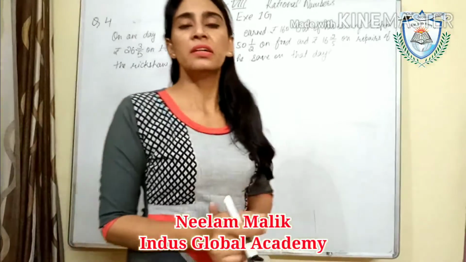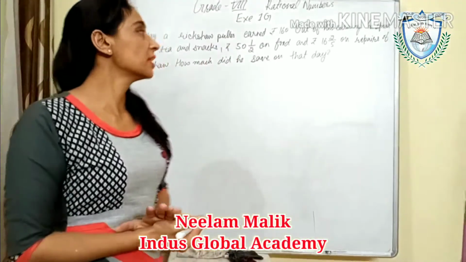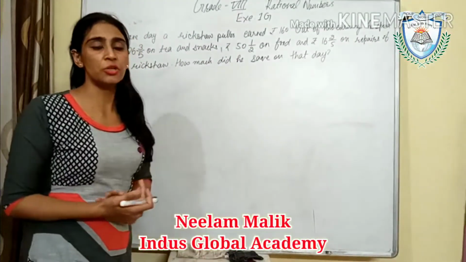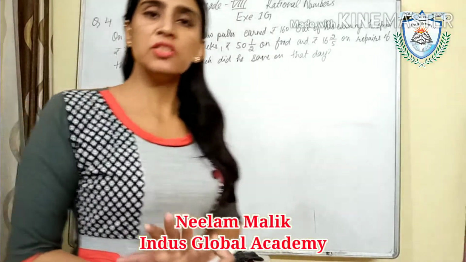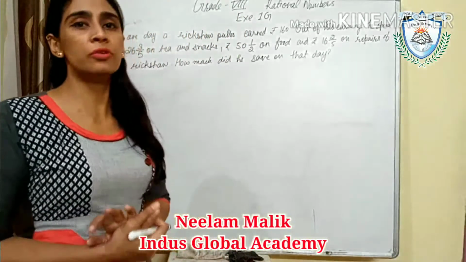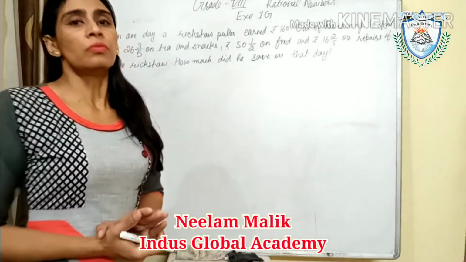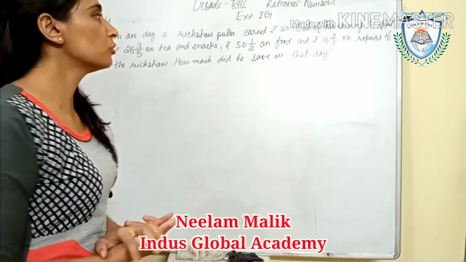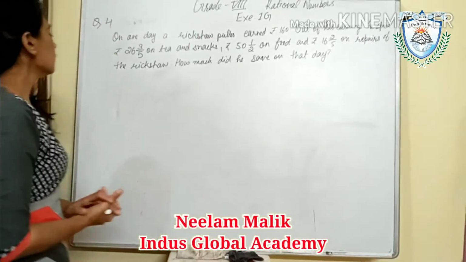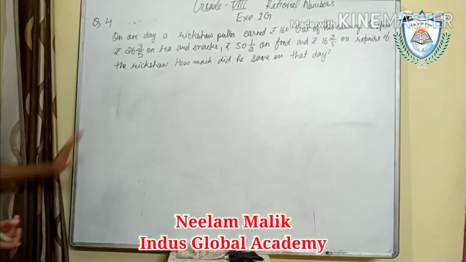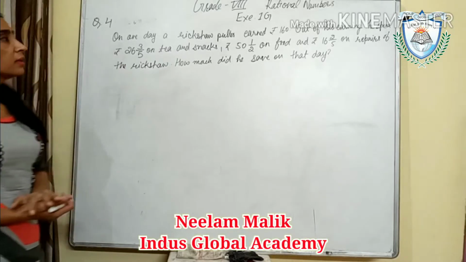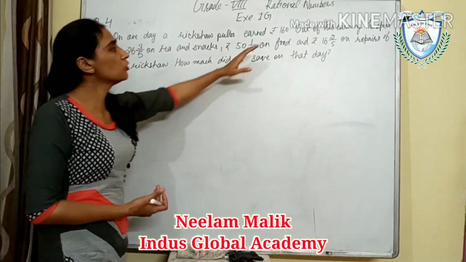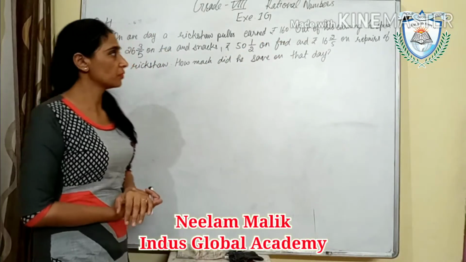Hello students, now we will start our next exercise, that is 1G. In this whole exercise there are word problems. So many problems are given, we will discuss a few here and the remaining you will try at home. Question number 4. On one day a rickshaw puller earned rupees 160.